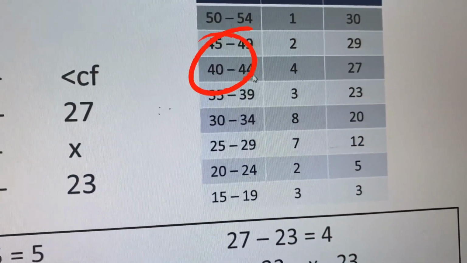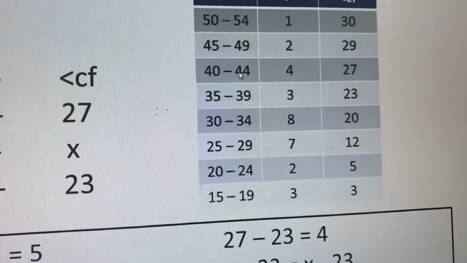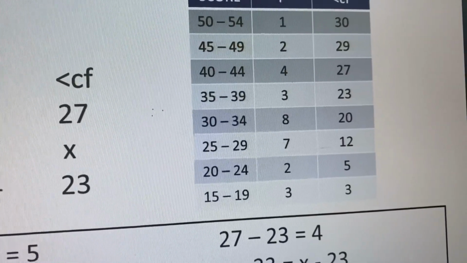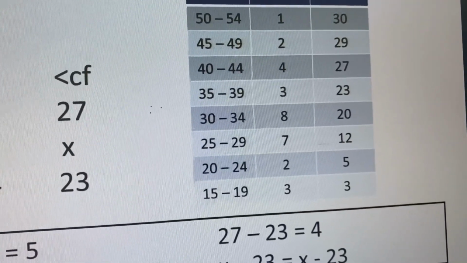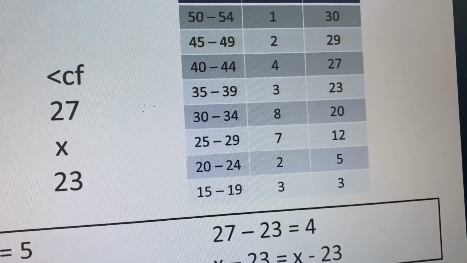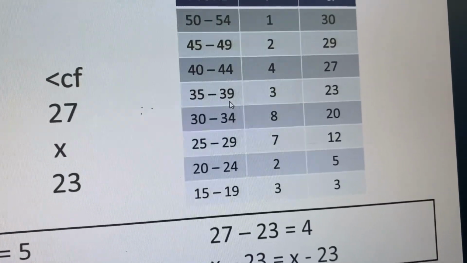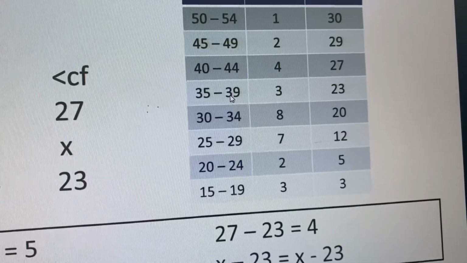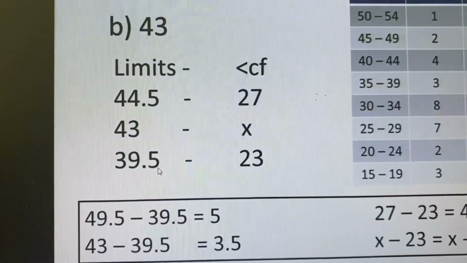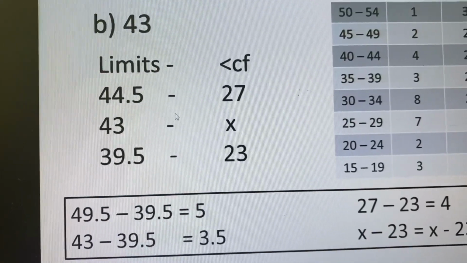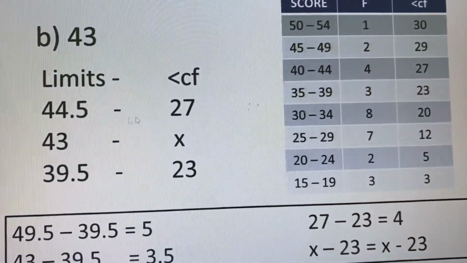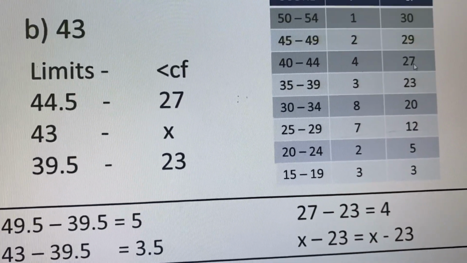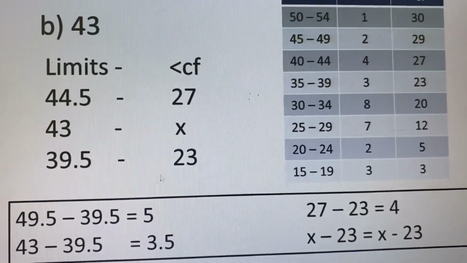So the upper limit will be 44.5 and the lower limit will be 39.5 here. So the cumulative frequency of the upper limit is 27, and for the lower limit we have now 23.